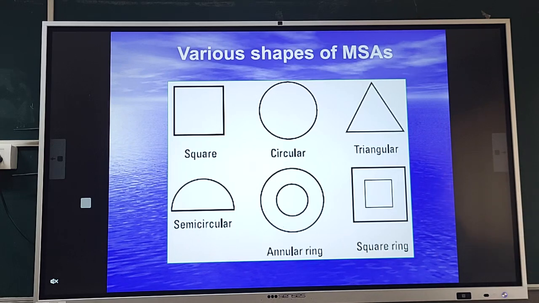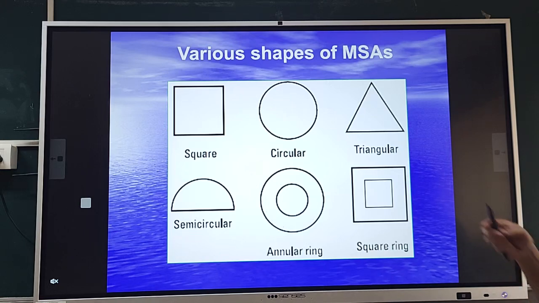Because as everyone knows, it is very easy to draw a square. It is very easy to draw the rectangle or a circle or an equilateral triangle. Another very important aspect, when we touch upon the method of analysis, is that you have defined functions, you have defined libraries for these regular shape geometries.